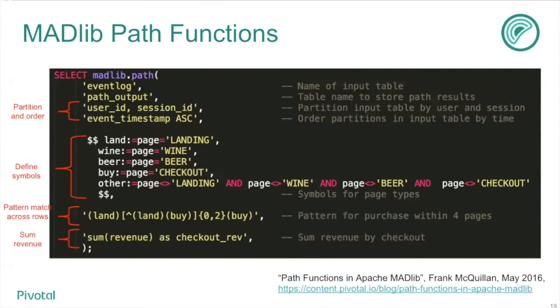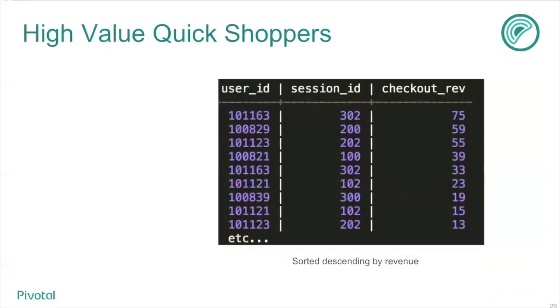And based on that pattern match, then we want to sum the revenue. And if we do that, then we've identified a data set here. We have information to understand who our quick purchasers are, how much they spend, and then I can cater to them in the right way to increase what they spend on my site and hence improve my business.